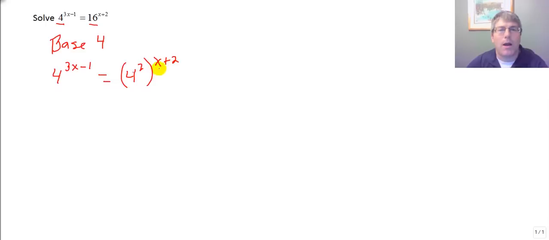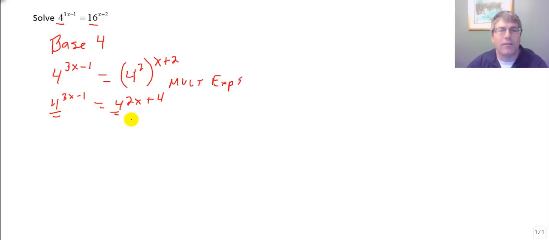So a power raised to a power, we have to multiply our exponents here. So we get 4 to the 3x minus 1 equals 4 to the 2x, and we distribute the 2 to get 2x plus 4.